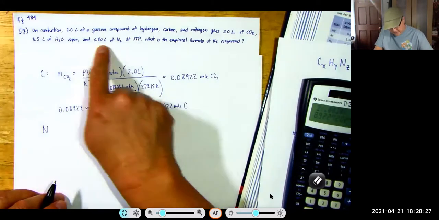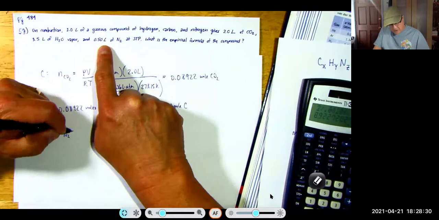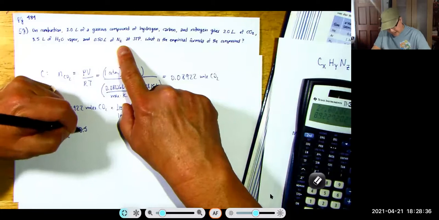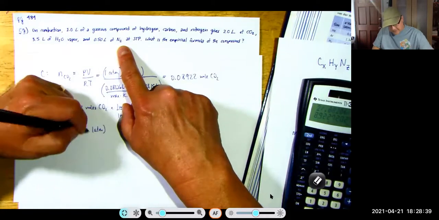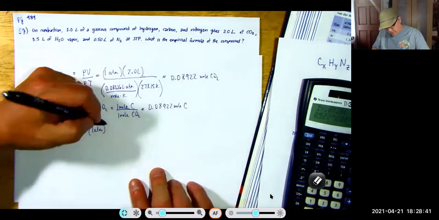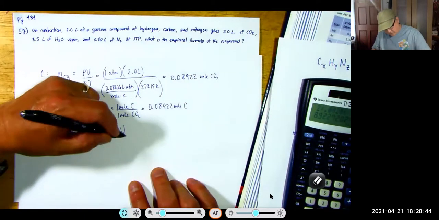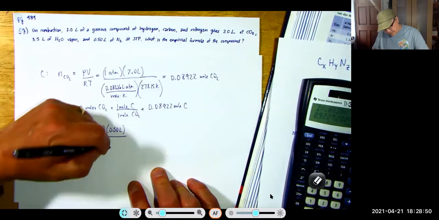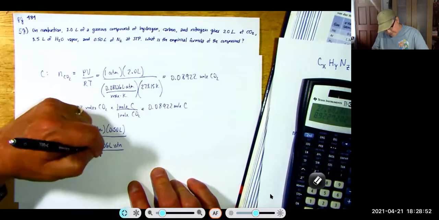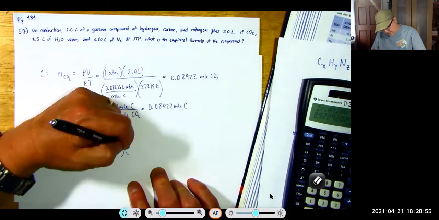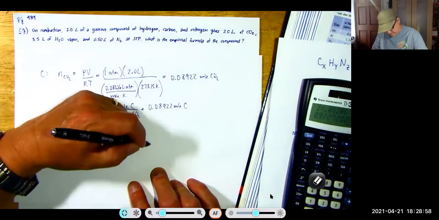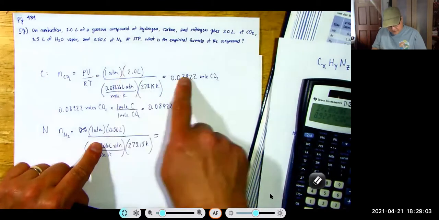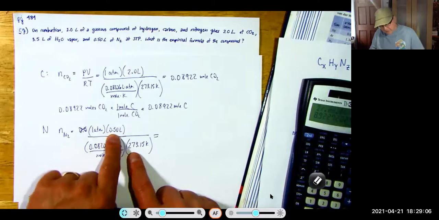We're going to take the moles of nitrogen, which are going to be the pressure, 1 atmosphere, times the volume, 0.50 liters, over 0.08206 liters atmosphere per mole K, and the temperature, 273.15 K. Okay, so this answer should be about 1/4 of this answer because the only thing that's changed is the 0.5 versus the 2.